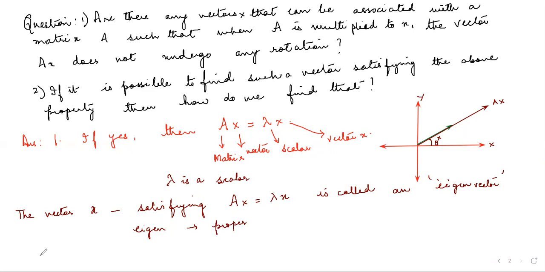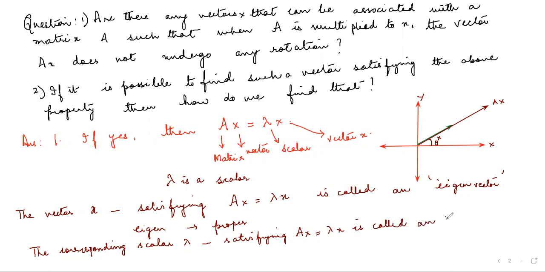And the corresponding scalar lambda, again satisfying the equation Ax equal to lambda x, is called an eigenvalue.